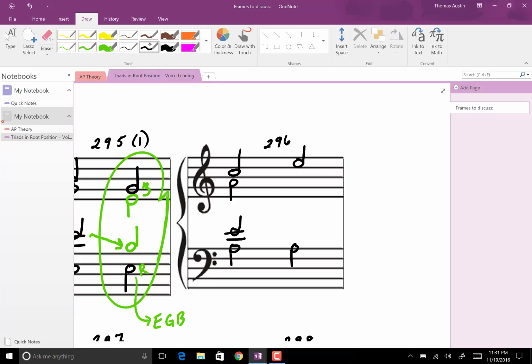And what we should do is change it by having the tenors sing the C and the alto staying on the A for smoother voice leading. And now this one is good to go.